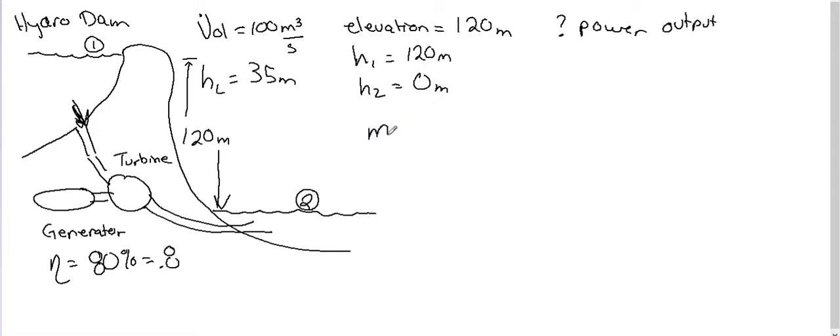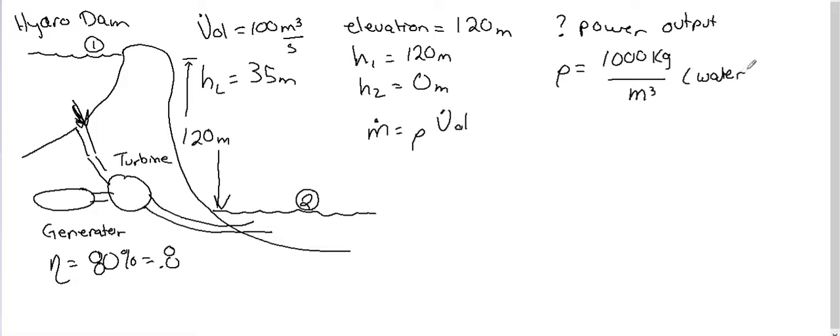Let's calculate what the mass flow rate is. So the mass flow rate we derived in the previous video is just simply density multiplied by the volume flow rate. Now we have to know what the density of water is, and of course I think most of you know that it's just simply equal to 1,000 kilograms per cubic meter. Okay, and that's because we're dealing with water here.